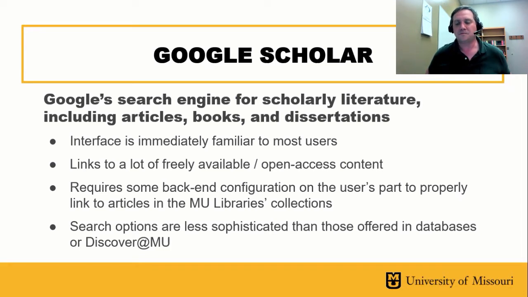Google Scholar is very handy for keyword searching, but when it comes to searching by subject, when it comes to being able to search within the contents of a particular issue of a particular journal, or to be able to see everything that was published by a particular journal in, say, chronological order or by order of publication, it can't do those things. And a lot of our databases and Discover at MU can do those things.